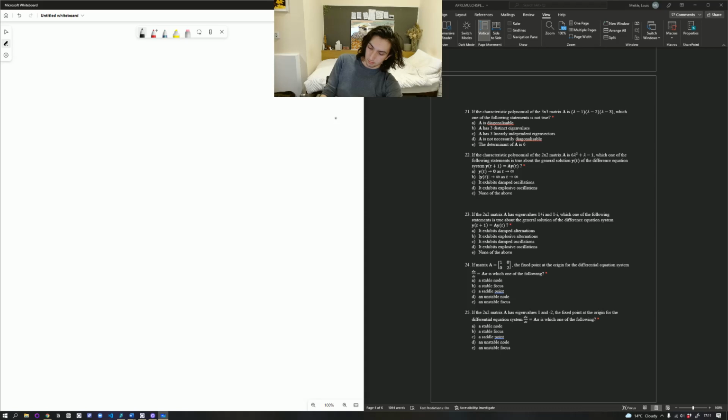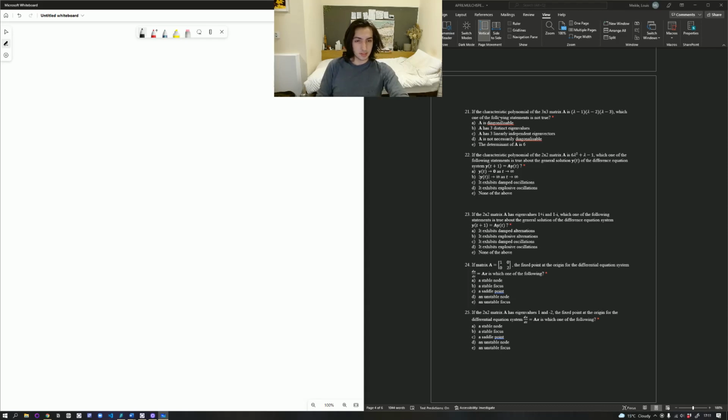There's a lot of information here. Sorry, I'm just trying to work my way through this. So if we have something diagonalizable, we've got to have linearly independent eigenvectors. That's the main thing. Linearly independent eigenvectors. Now, we don't know if this is not true or not.